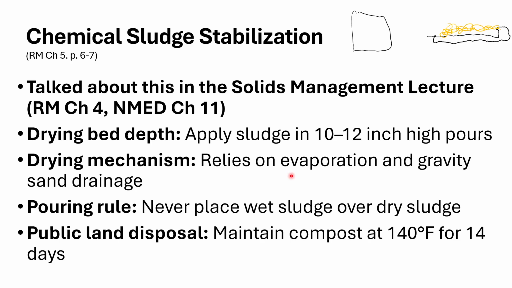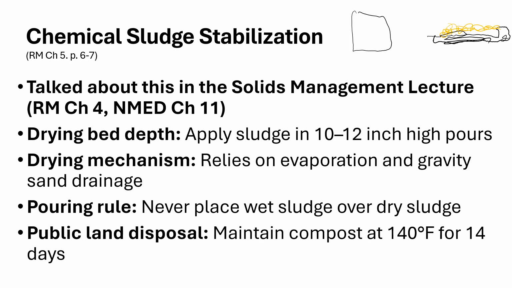Okay. And what's going to happen is two things. The water is going to evaporate from the sludge just due to the heat of the sun. And we've got a lip here with perhaps a little drainage slot. We'll have a sand bed here.